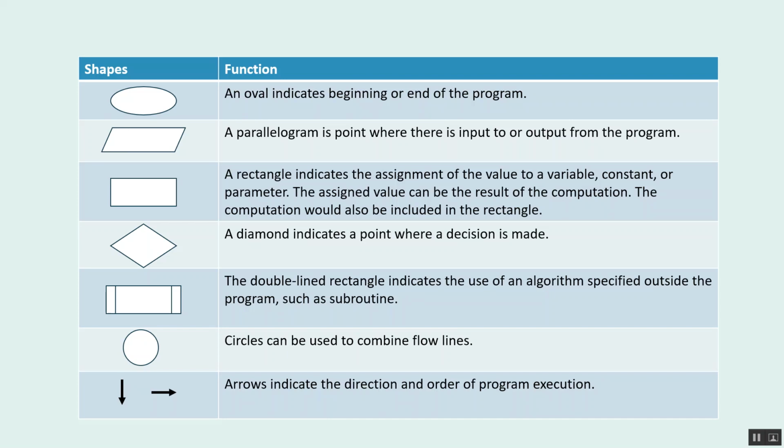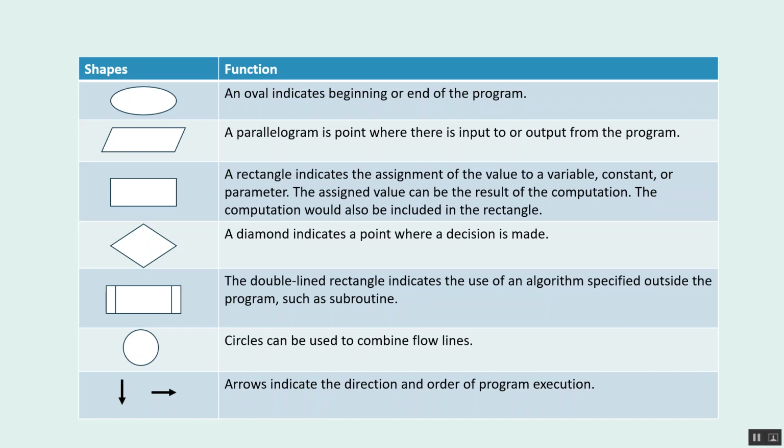Okay, so the double-lined rectangle indicates the use of an algorithm specified outside the program, such as a subroutine. So we use this double-lined rectangle if we are trying to call on a function from another program. Now circles can be used to combine flow lines, and arrows indicate the direction and order of program execution.